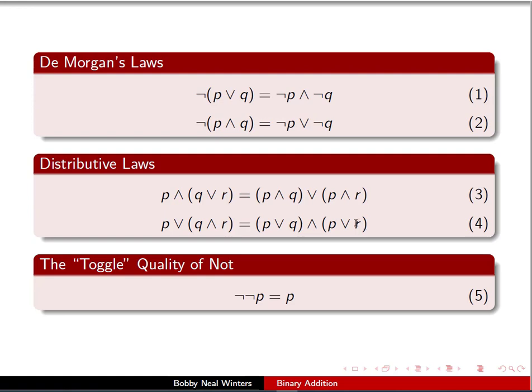And finally, something that you could have figured out on your own and probably don't need anybody to tell you is what I call the toggle quality of not. If you take not of not P, it takes you back to where you started. It's like pushing a toggle switch. So you can note these down if you want to or if you need to, but we're going to now proceed.